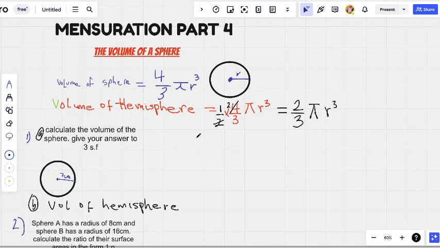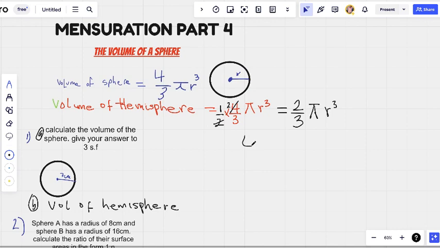For sphere, it's 4 over 3 pi r cube. And for hemisphere, it's 2 over 3 pi r cube. So to find the volume of the sphere where the radius is 3 centimeters, just substitute the value 3 centimeters in this formula.